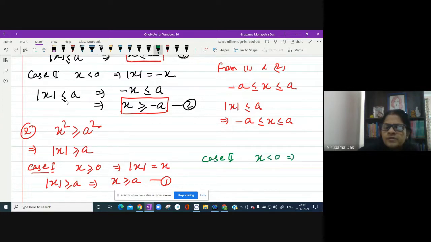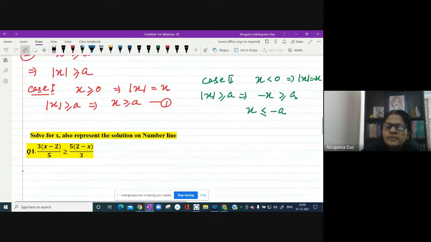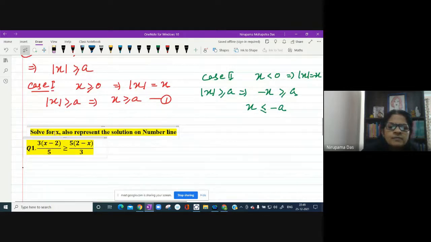This implies mod x equal to minus x. Now, mod x greater than equal to a implies minus x greater than equal to a. So we will take x here. So we have to multiply both sides by minus 1. X less than equal to minus a. So whenever we multiply negative number to both the sides, inequality is reversed.